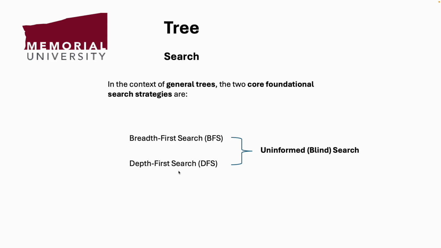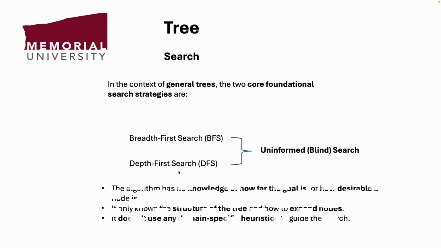So for non-informed search, they have no knowledge of how far the goal is, or how desirable the node is. Second, it only knows the structure of the tree and not how to expand the node. The third is it doesn't use any domain-specific heuristic to guide the search.